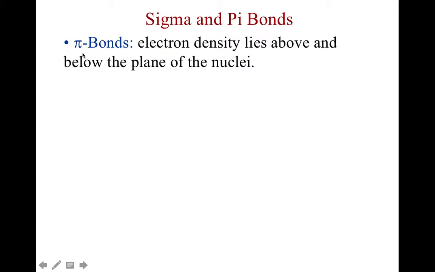Now pi bonds, just like the pi in math, only it's not referring to 3.14, it's referring to a type of bond. This electron density lies above and below the plane of the nuclei. So it is not along the bond line.